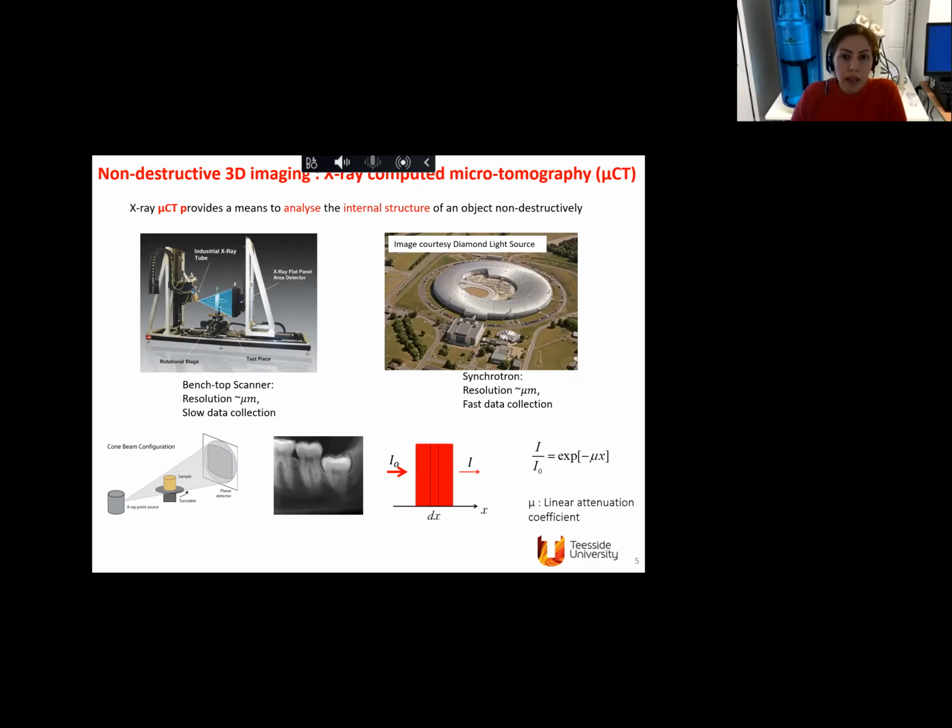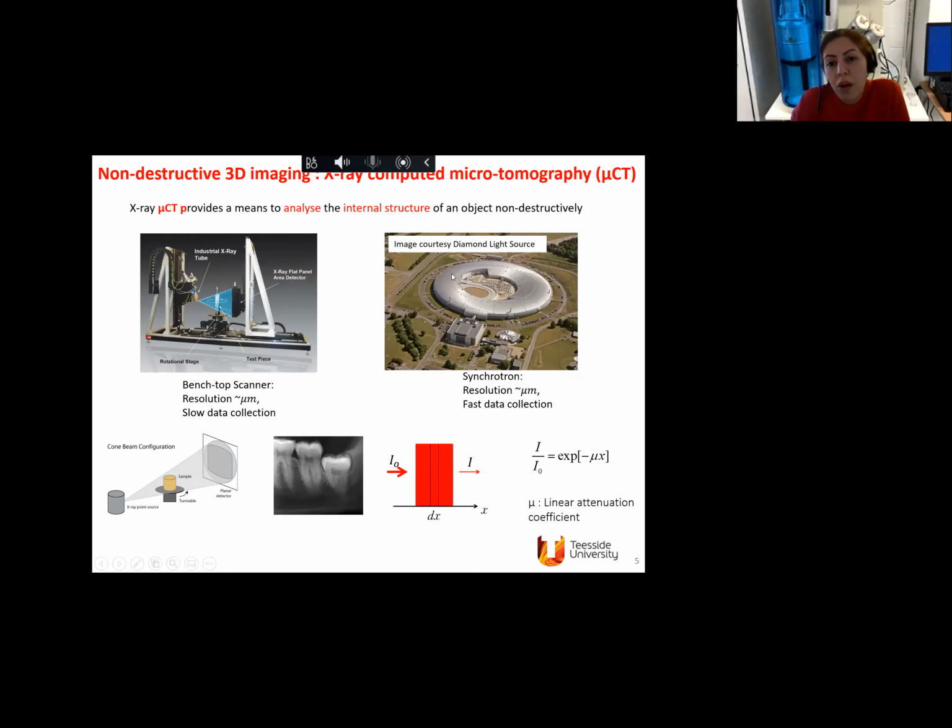You can see many X-ray CT scanners in different laboratories. You can scan a sample without destroying it, look inside and see the internal structure of that specimen, and then do quite a lot of visualization and also quantitative analysis of what is happening.